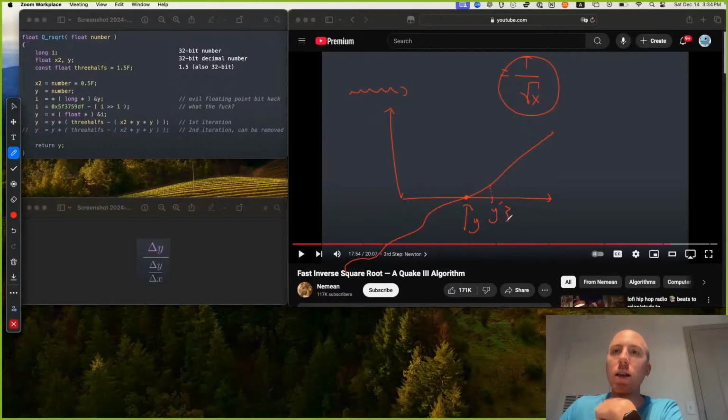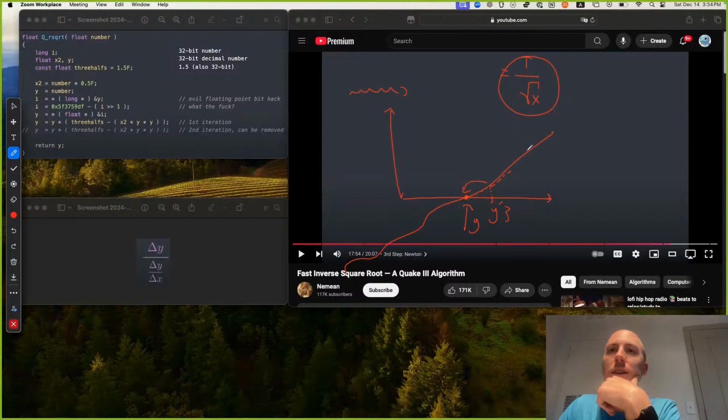So we can use our initial guess and run one step of Newton's iteration to get even closer. That begs the question: instead of doing all this, we could have just run Newton's iteration many times, I guess.